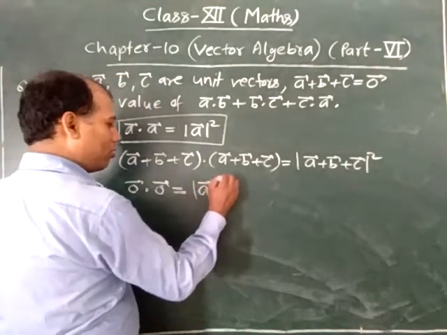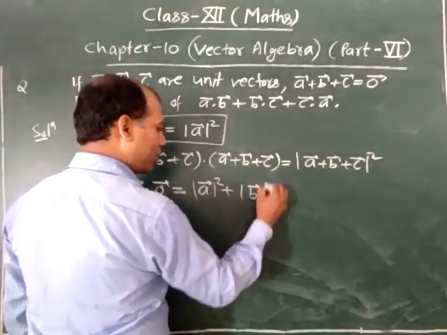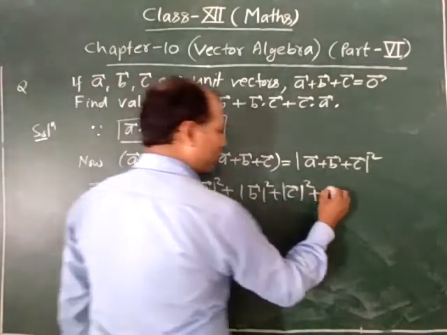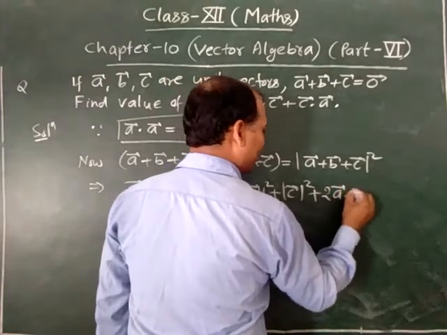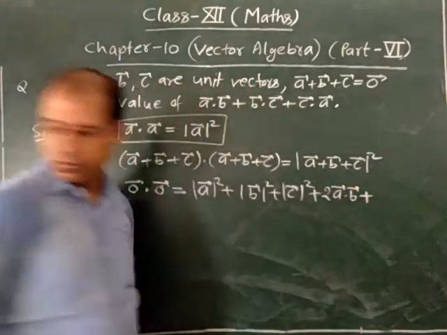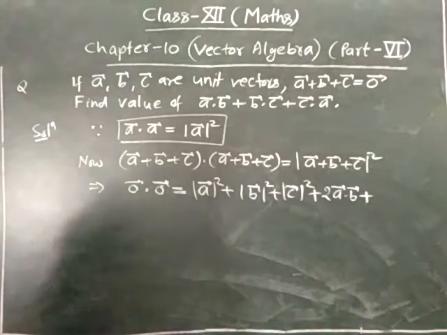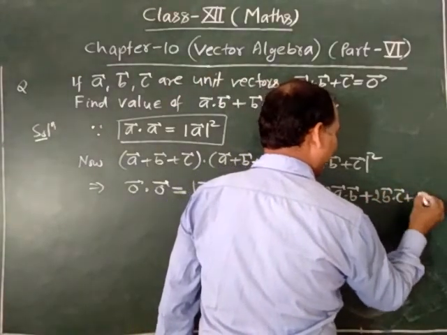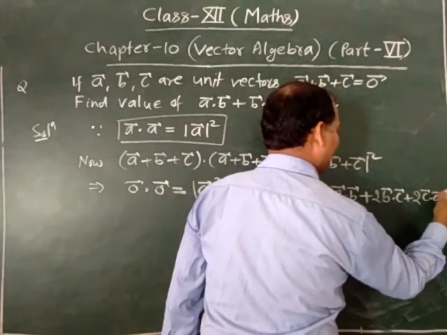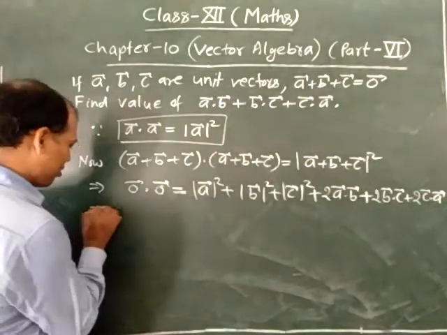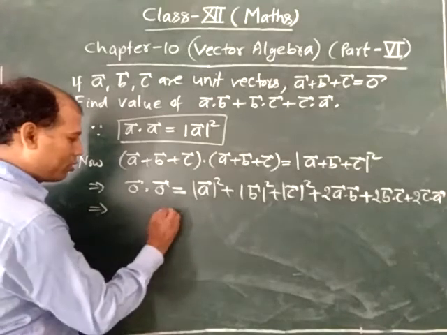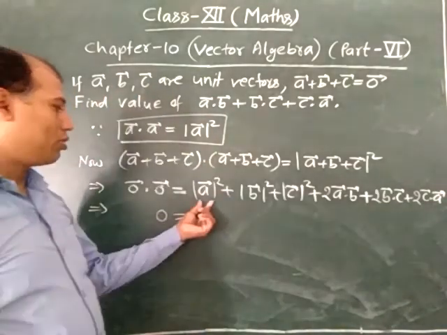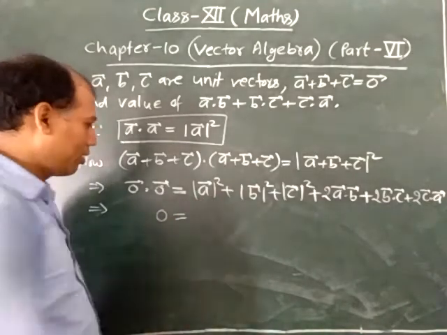This is equal to mod A square plus mod B square plus mod C square plus twice A dot B plus twice B dot C plus twice C dot A. Now 0 dot 0 becomes 0 is equal to, here A, B, C are unit vectors, so the modulus of each becomes 1.